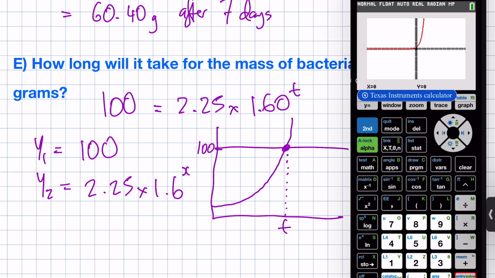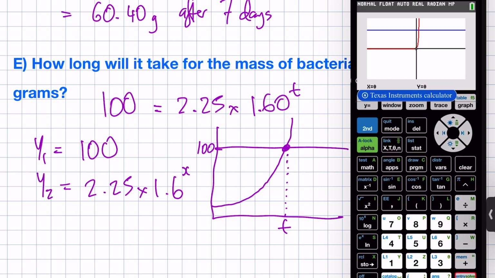Do I see a horizontal line on the screen yet? No, I just see the curve up. If I zoom out again, can I see a horizontal line on the screen now? So in blue, is the crossover definitely on the screen somewhere? Yeah. I don't need to see it clearly. I just need my calculator to see it.